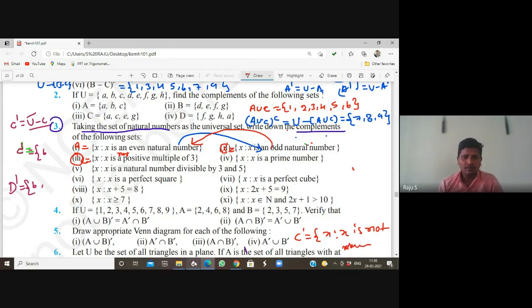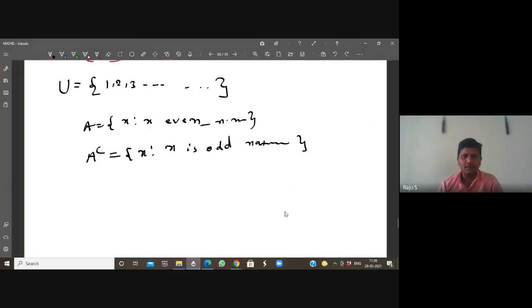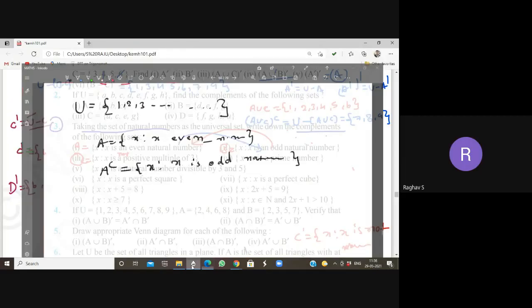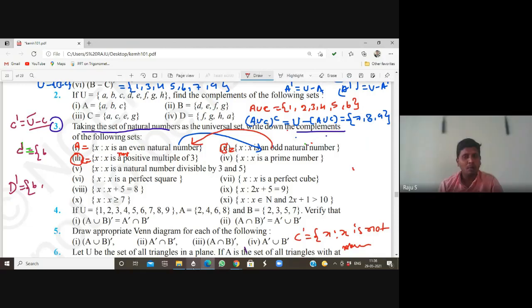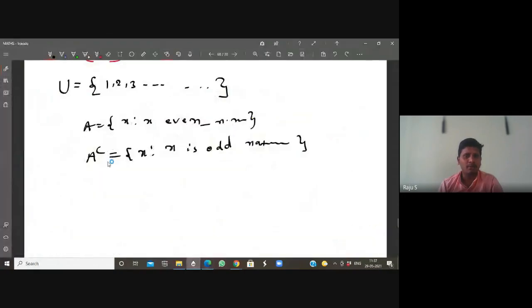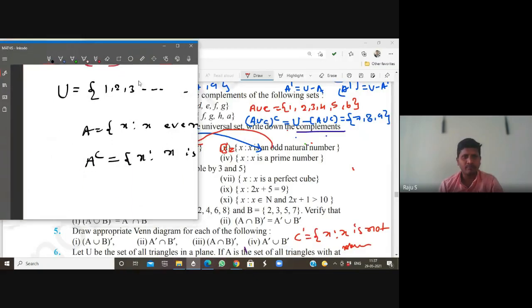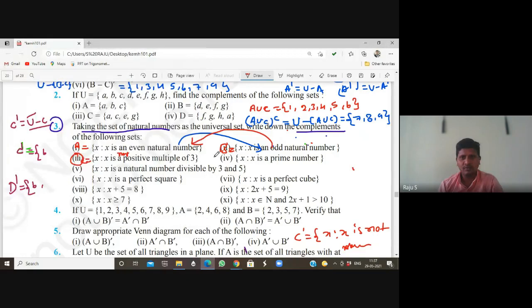Yeah, the fourth subdivision, they have given X such that X is a composite number. Not a prime number. For example, if I take that as D, this fourth subdivision I'm taking as capital D. Capital D is the set of prime numbers, X such that X is a prime number.